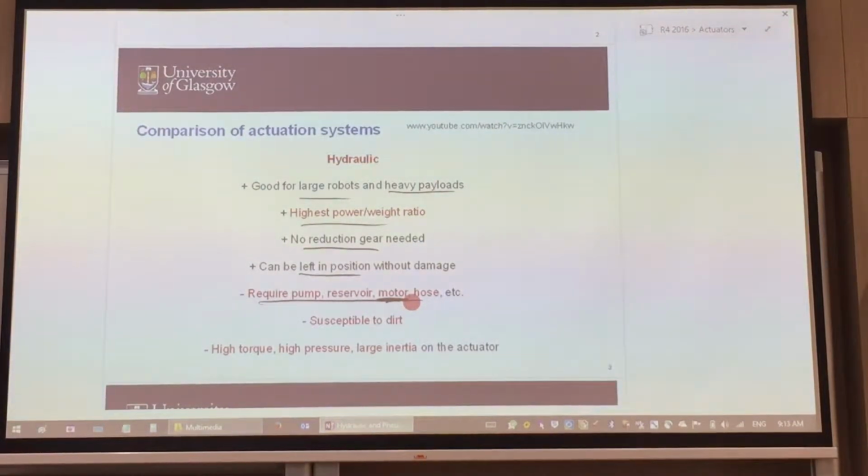I thought hydraulic is just purely the delivery of that fluid. Why is there a motor? That's because in order to deliver that fluid, you still need to have a motor to deliver that fluid. That is called a pump.